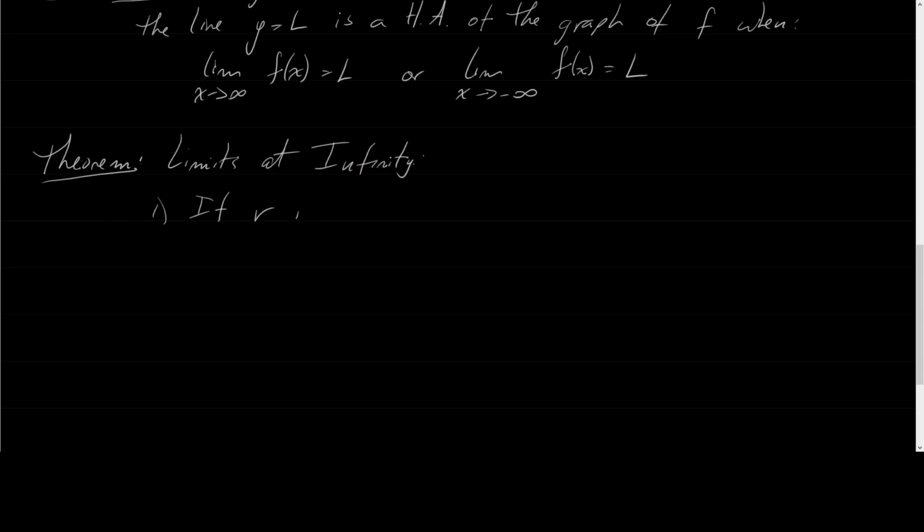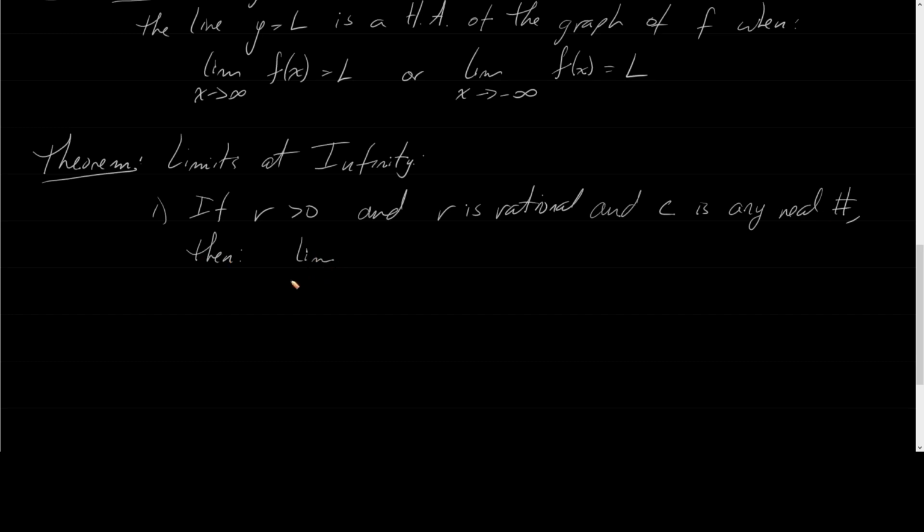If r is greater than 0 and r is rational, so it needs to be a fraction, and c is a real number, so any real number, then the limit as x approaches infinity of c over x to the r is equal to 0.